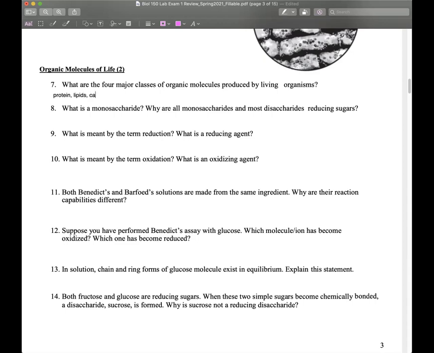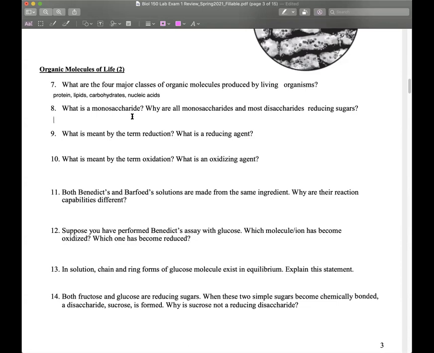Yes, proteins, lipids, carbohydrates, and nucleic acids. I'm sorry, it was hard to hear you at first. Everything on Earth is made up of just one or a combination of these four things. So these are our major classes of organic molecules.